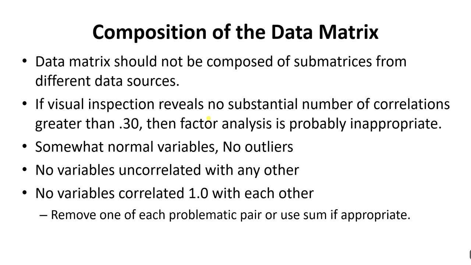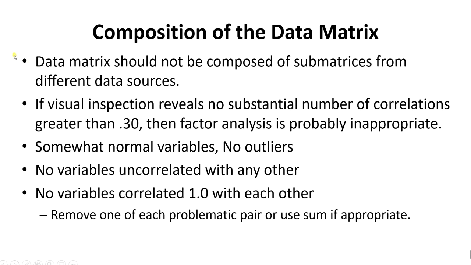The data matrix should not be composed of sub-matrices from different data sources. If we have to do factor analysis, all the items must be administered to the same group of participants, not to sub-groups.